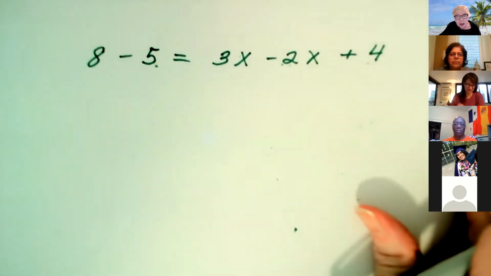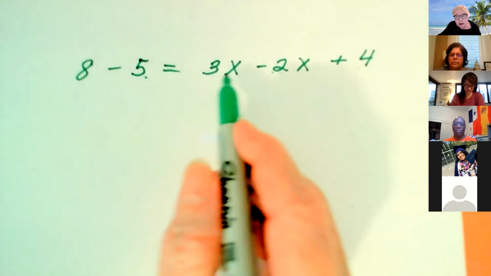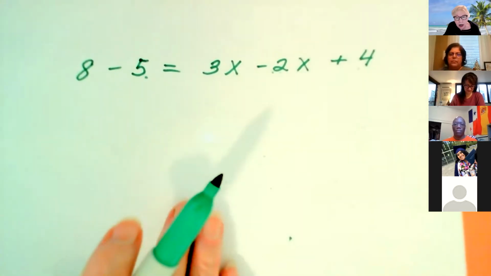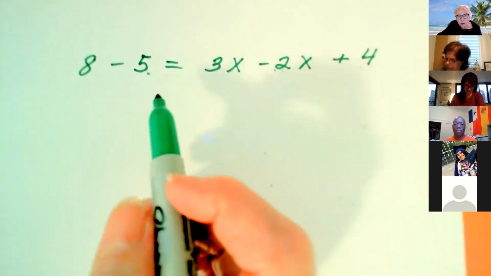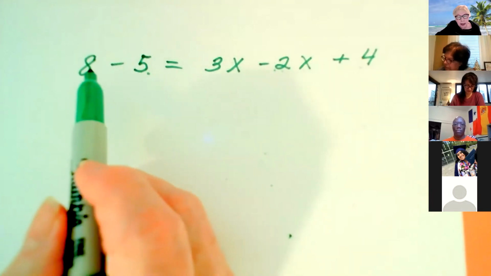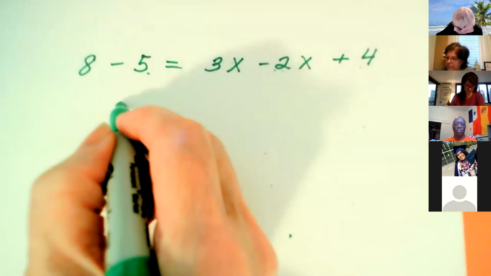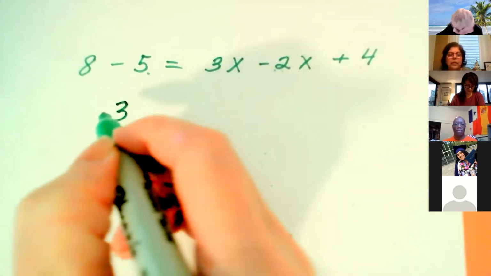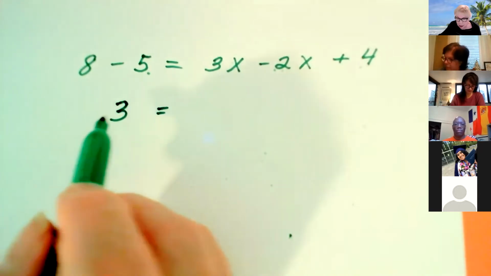And so in this particular problem, here's the equal to, the letters are on the right side. This does not affect anything. So what I'm going to do is simplify, take this mess and clean it up a bit. 8 take away 5, that would just be 3.